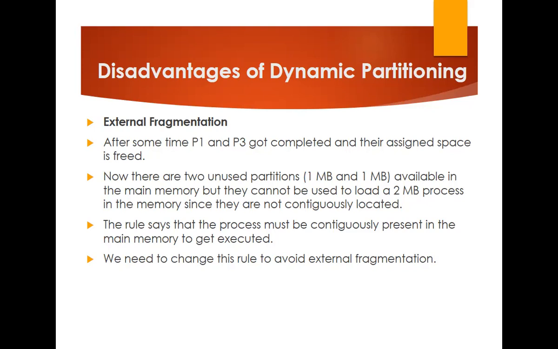So these places are free. I mean, 1 megabyte and 1 megabyte. Now there are two unused partitions available in the main memory, but they cannot be used to load a 2 megabyte process in the memory because they are not contiguously located. It means it is not one after the other. They are not in the same place.